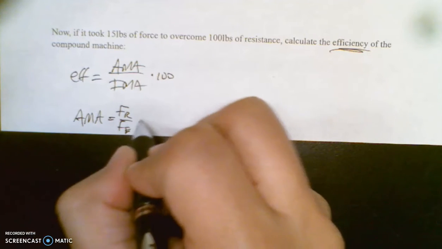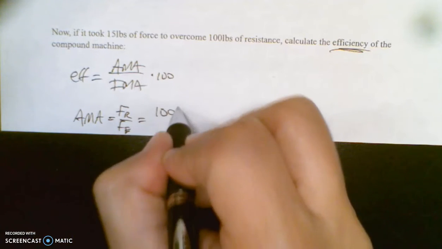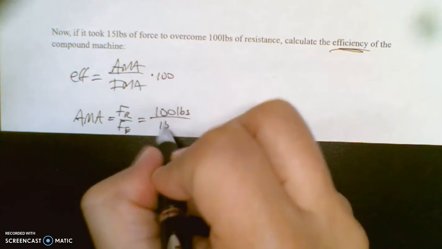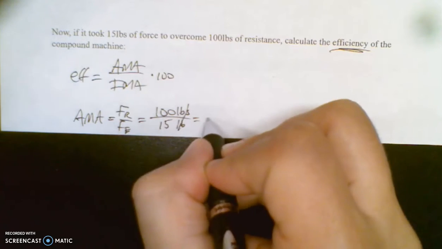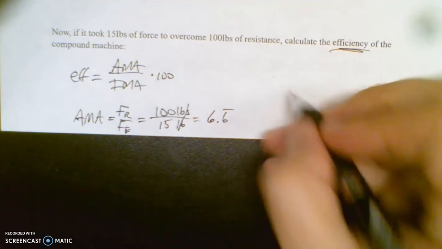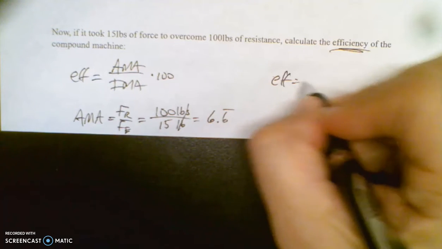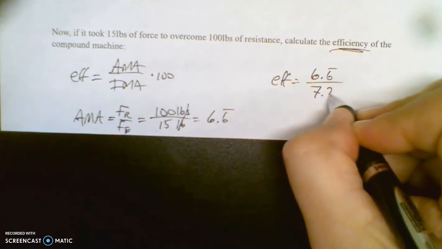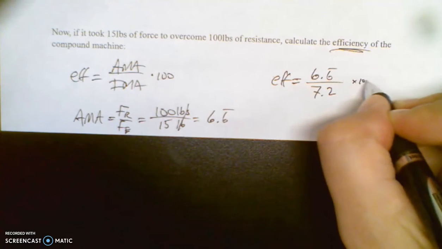So my FR is 100 pounds, and my effort is 15 pounds. And that divides to make 6.6 repeating. So really my efficiency is going to be 6.6 repeating over 7.2 times 100.